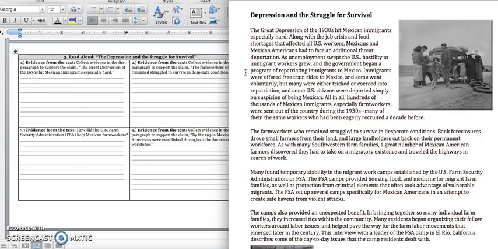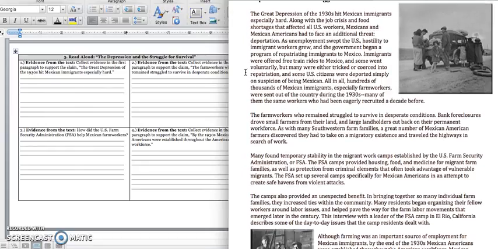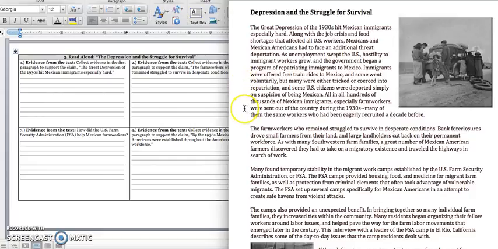Immigrants were offered free train rides to Mexico, and some went voluntarily, but many were either tricked or coerced into repatriation, and some U.S. citizens were deported simply on suspicion of being Mexican. All in all, hundreds of thousands of Mexican immigrants, especially farm workers, were sent out of the country in the 1930s, many of the same workers who had been eagerly recruited a decade before.